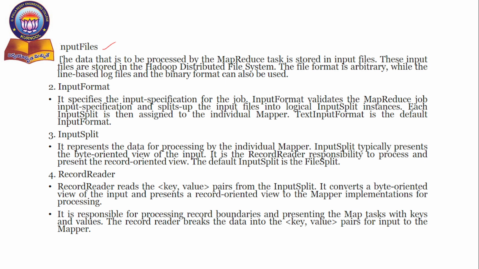These input files are stored in the Hadoop distributed file system, shortly we'll call it HDFS. This data will be available in the HDFS system. The file format is arbitrary, while line based log files and the binary format can also be used. So two types of files can be used here, log files and binary format files.